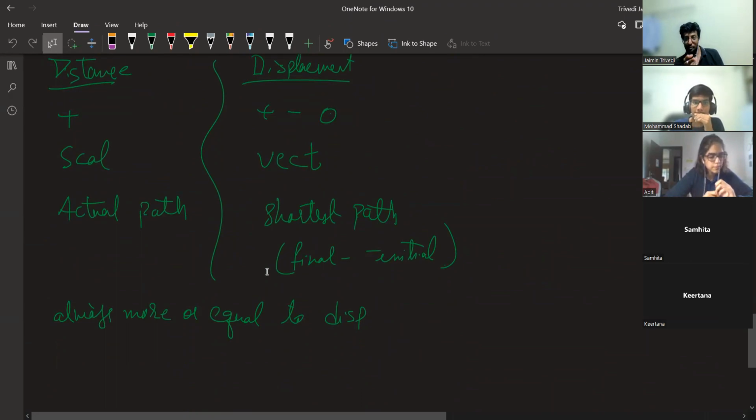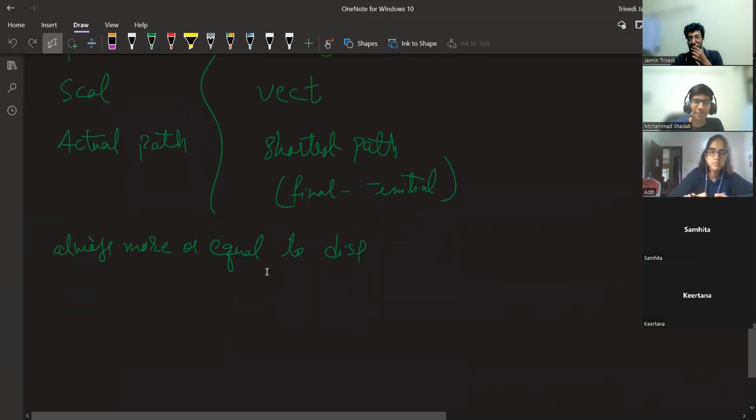No, I said something here, right? Distance is always more than or equal to displacement. Are you agreeing with this statement? Yes, yes. Yeah, I mean, displacement cannot be greater than distance. It's either equal to or less than.